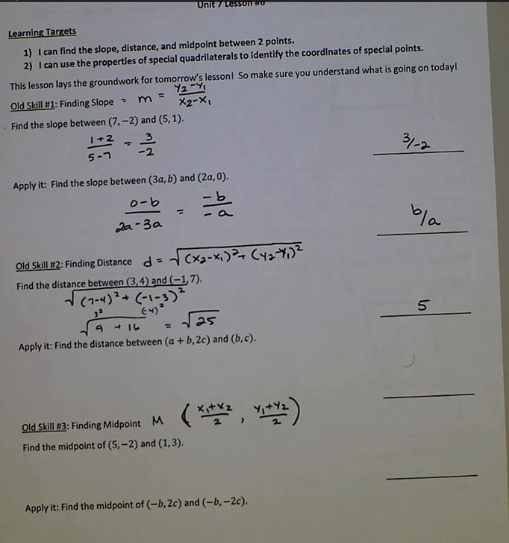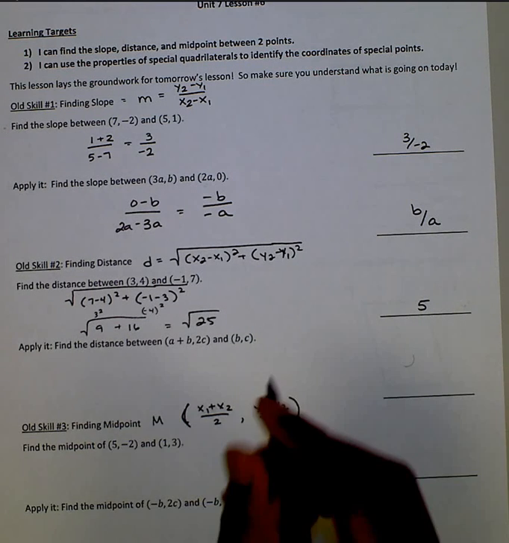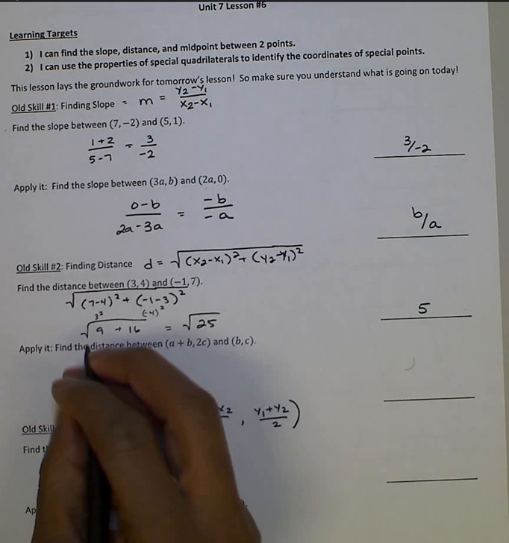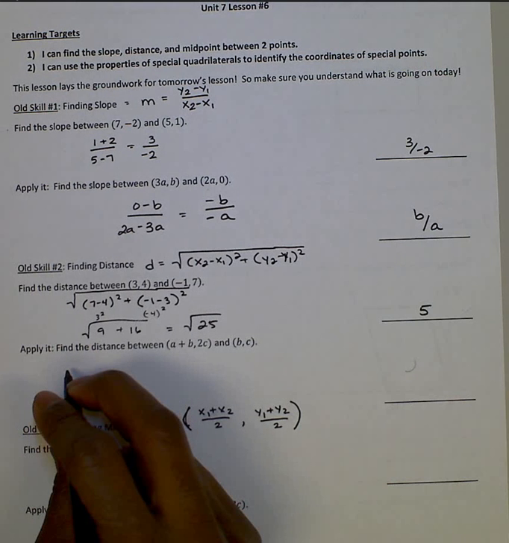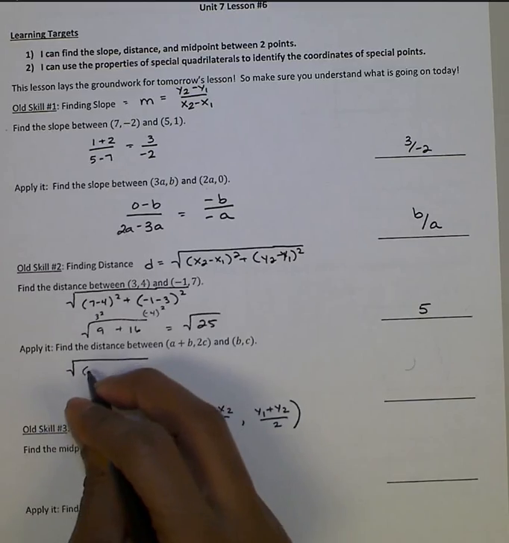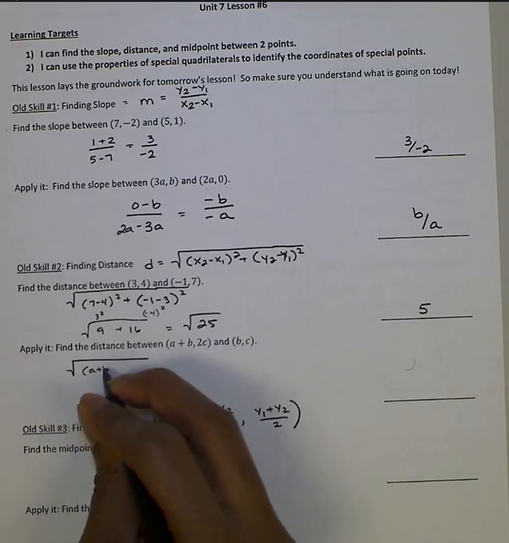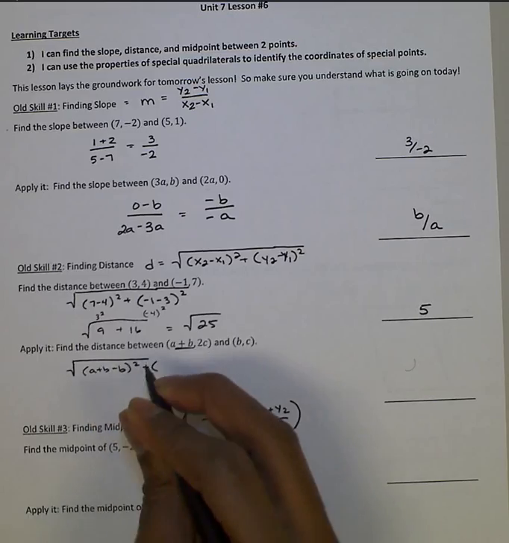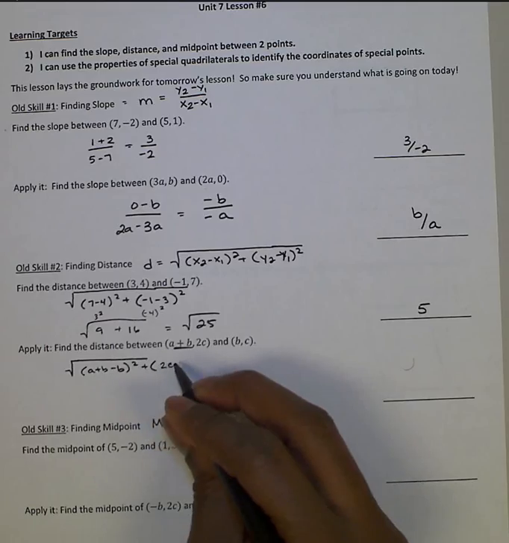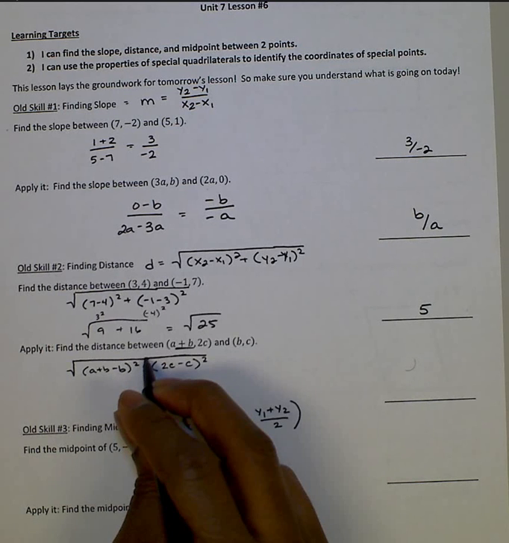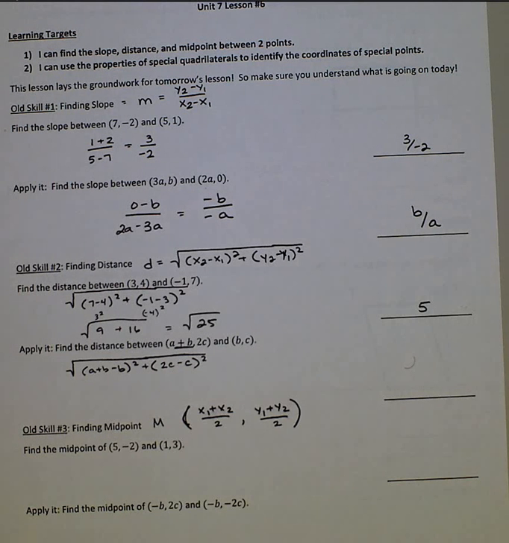The same thing can be done in this next situation, even though we're given letters, variables, instead of numbers. Again, find the difference of the x's: (a plus b) minus b, squared, plus 2c minus c, squared. Because we're squaring, it really doesn't matter the order, as long as you're doing it consistently, you'll be fine.